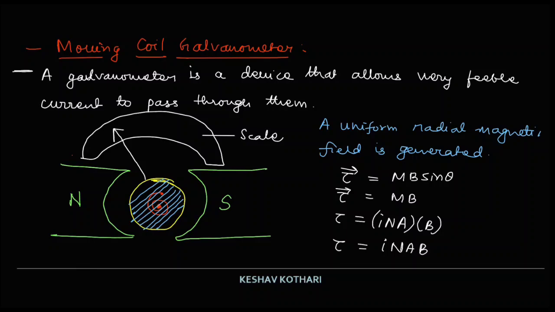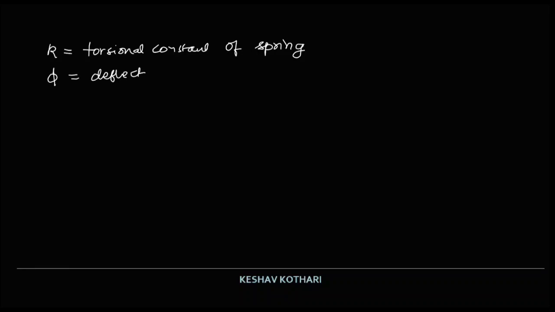So I am writing it this way: we consider that K is the torsional constant of the spring, and it is undergoing a deflection phi. So phi is the deflection angle.